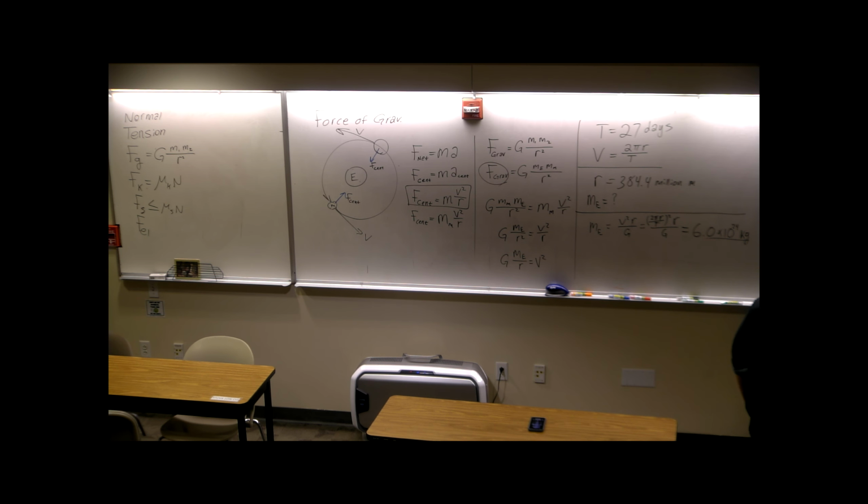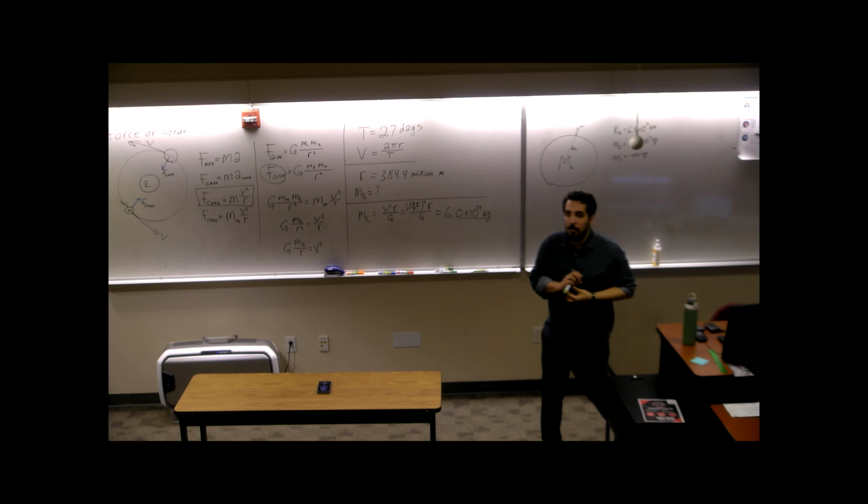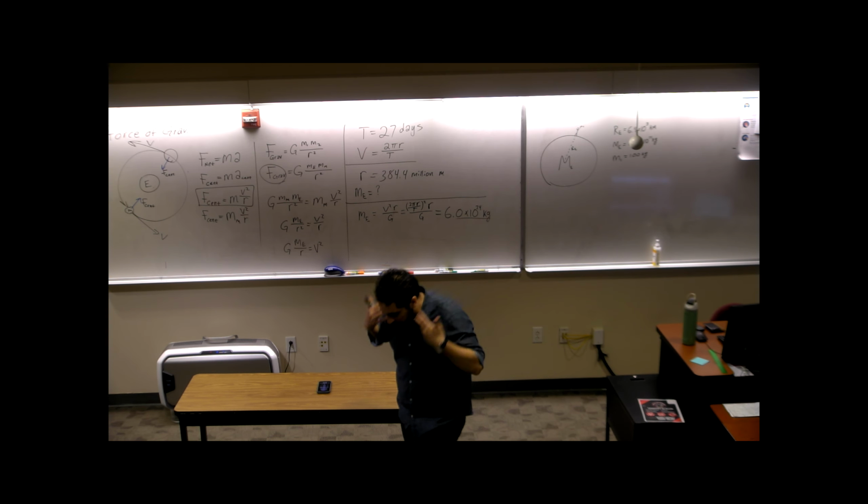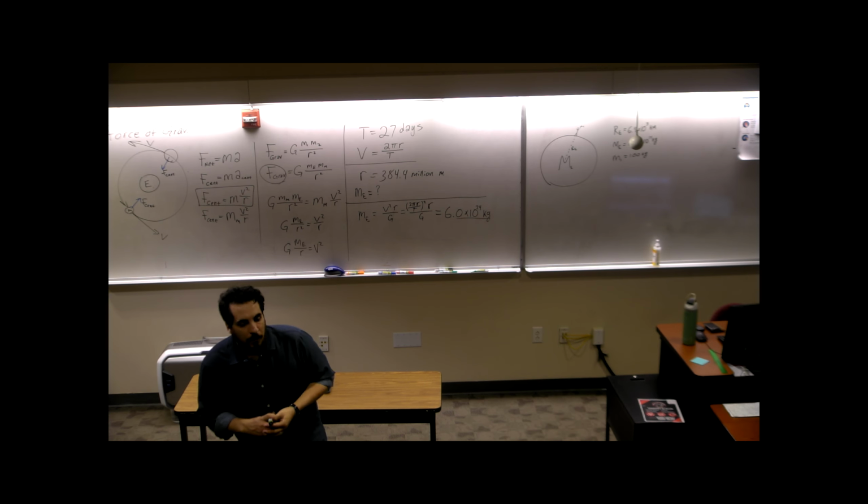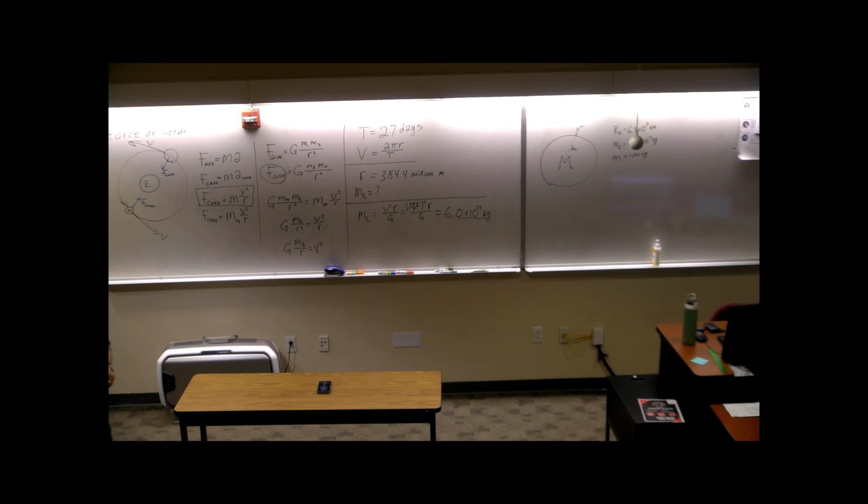The next scenario we're going to look at is the professor standing on the Earth. So I have a mass of about 100 kilograms. Or less than that, but let's use 100 for the sake of ease in calculation.